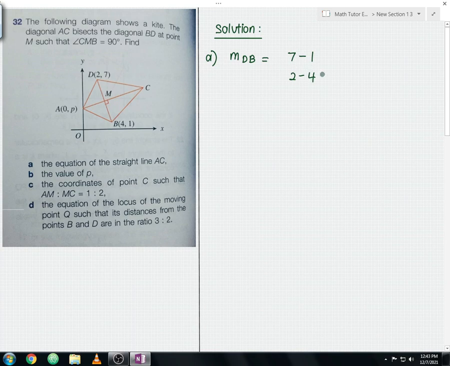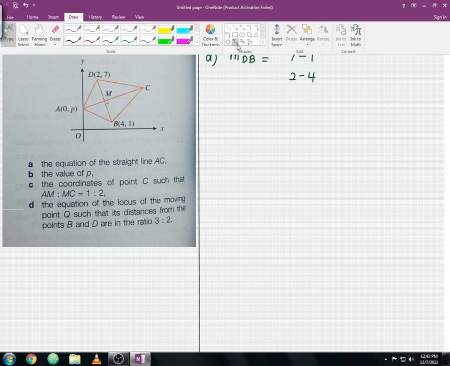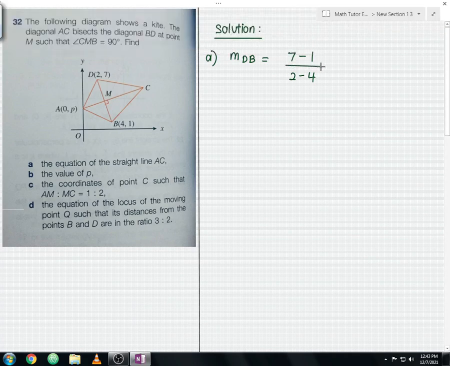Let me underline the fraction and close the bracket. You calculate this, you should get the gradient of the straight line DB is equal to -3. So this is our first step.